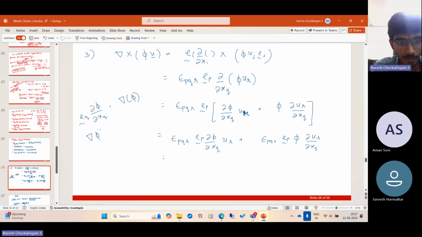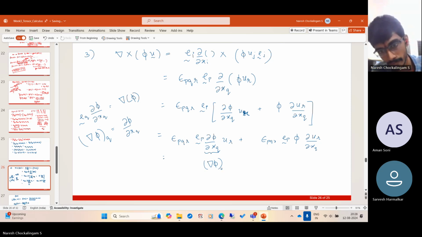So the qth component of grad phi is what? It is partial phi with respect to x cube, right? So this is the qth component of grad phi, and this is the rth component of the vector u. And here you have phi. Here you have epsilon PQR.